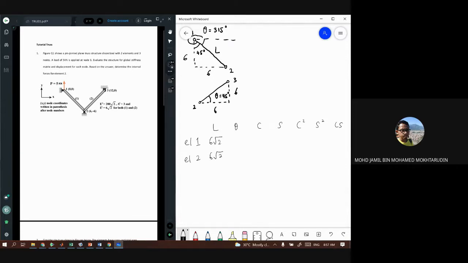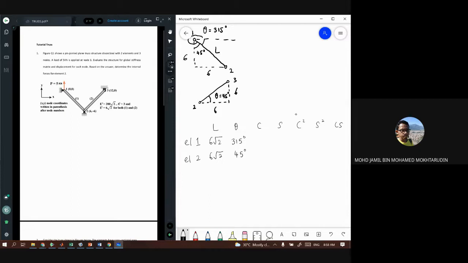And then the angle for element number 1 is 315, and for element number 2 is 45. Then you can calculate the cosine and sine.